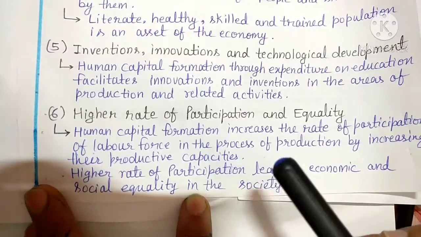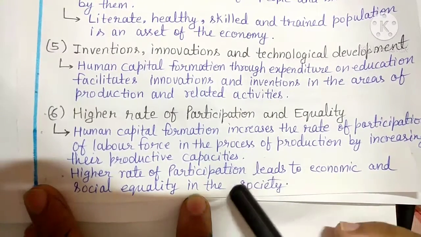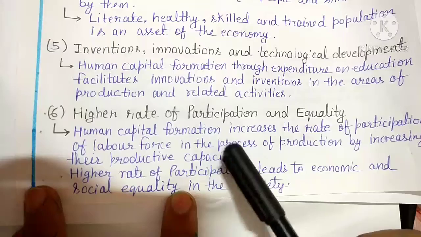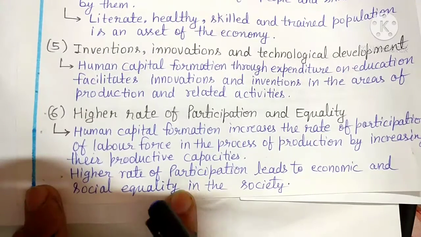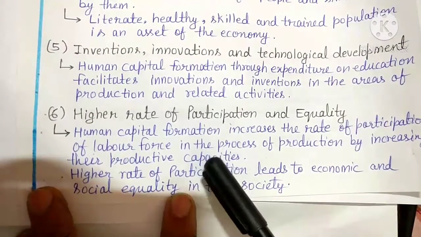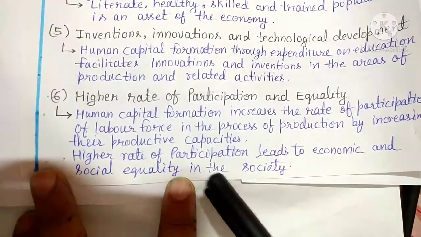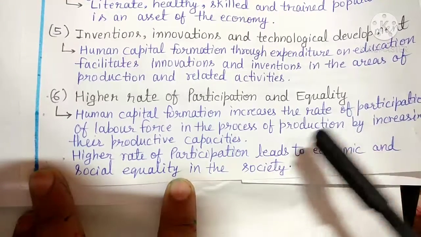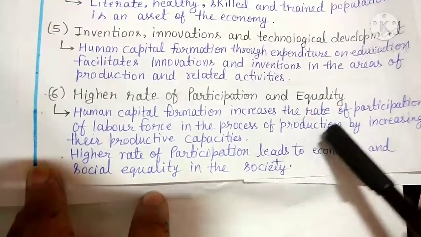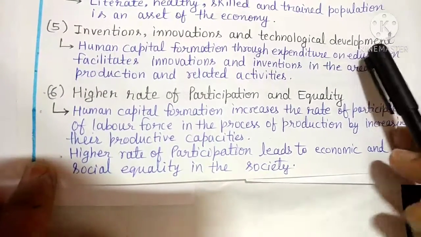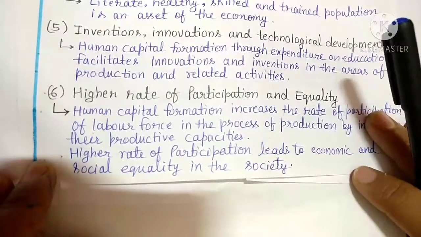Why? Because they are now skilled and have more knowledge than earlier. So they are participating more now. The higher rate of participation leads to economic and social equality in society, because they will also get good salaries and can live a good standard quality of life.